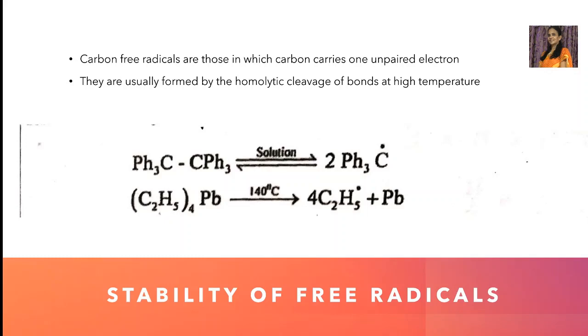Carbon free radicals are those in which carbon carries one unpaired electron. What is a free radical? We know it is a species, an atom or group of atoms, which has one odd electron or unpaired electron. So if in organic molecules carbon bears one odd electron, then it is known as a carbon free radical.